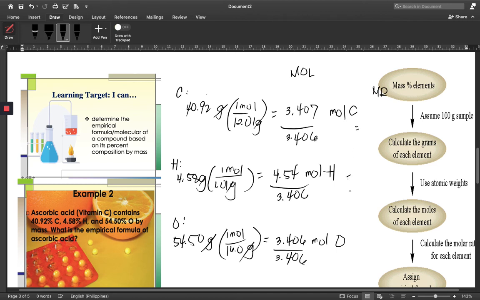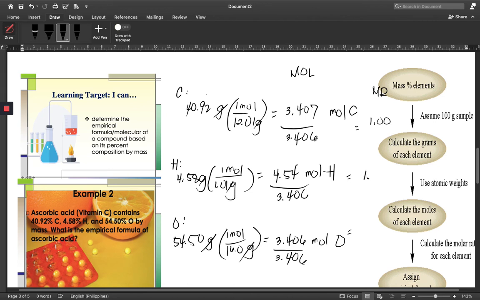In this case, for carbon, we end up with a value of 1.0 or 1, and then for hydrogen, this is 4.54 divided by 3.406. We actually end up with 1.33, right?